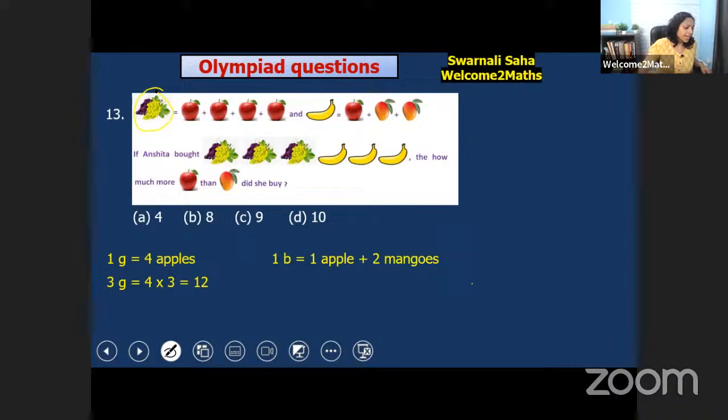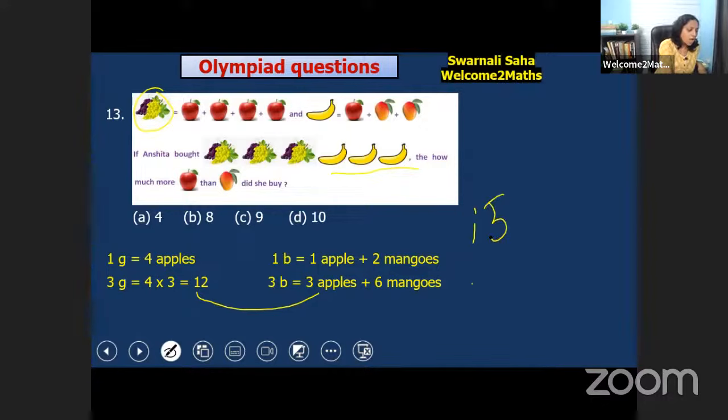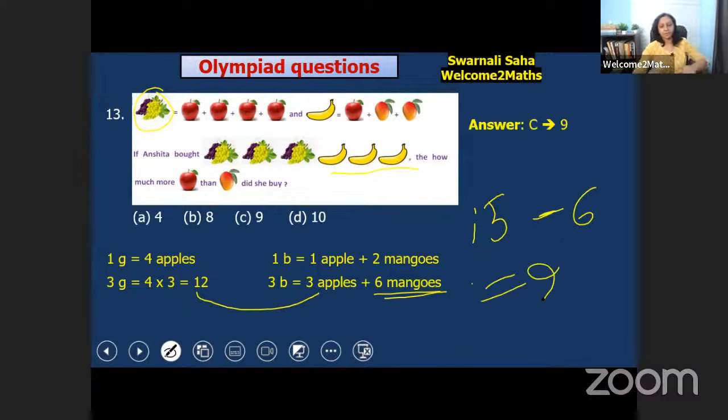Now, Anshita bought 3 bananas, so that means 3 bananas is equal to 3 apples plus 6 mangoes, because 3 into 1 is 3 and 3 into 2 is 6. So 12 plus 3 is 15 apples, and there are 6 mangoes. So 15 minus 6 is 9. Our answer would be 9.